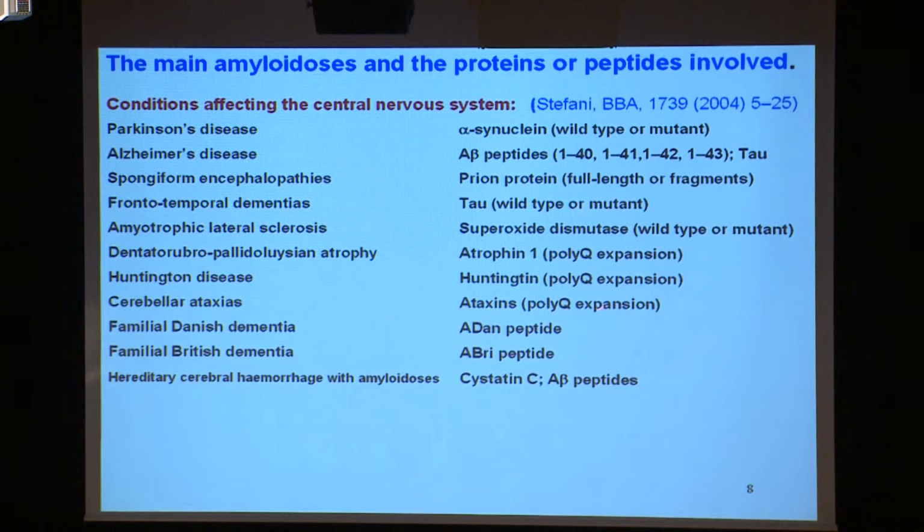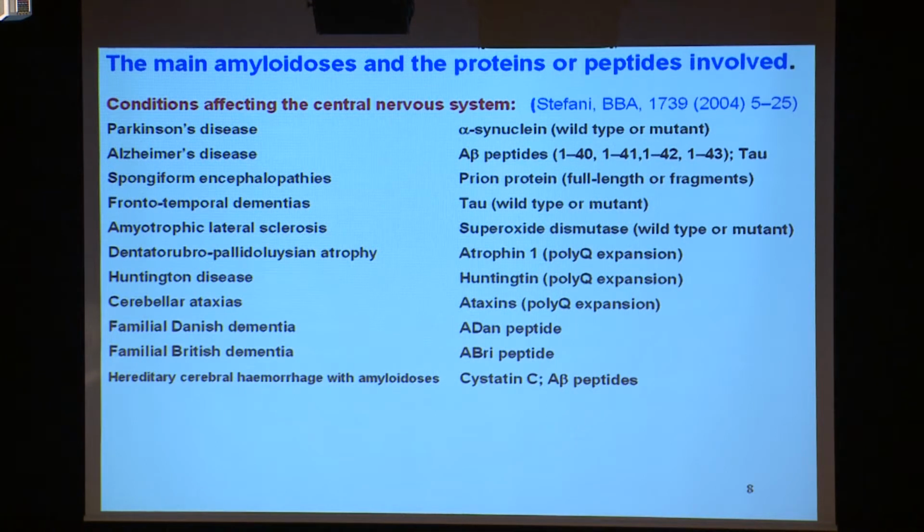And there's a whole number of proteins where a CAG codon for glutamine becomes repeated, and this causes the protein to be unstable and to misfold and build up in the brain. There's a whole range of these conditions which I'll talk about in more detail later, and some other dementia.